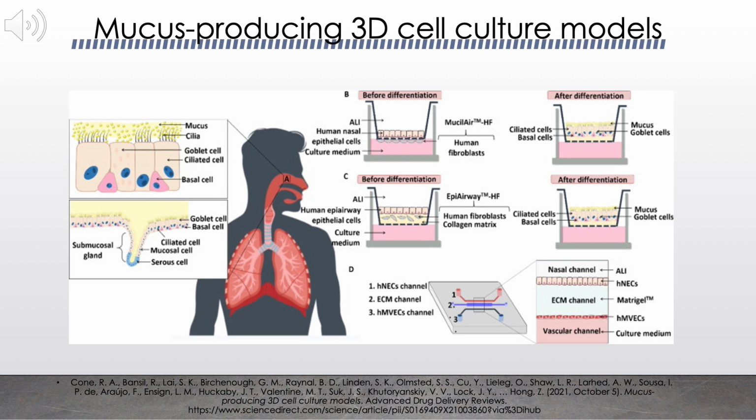Both B and C are 3D non-immortalized mucociliary cell-based models. And D is the illustration of the ECM incorporating microfluidic device, which is composed of human nasal epithelial cells and human microvascular endothelial cells, which in turn create a microenvironment similar to having the native nasal mucosa.